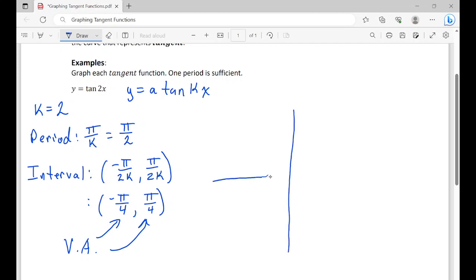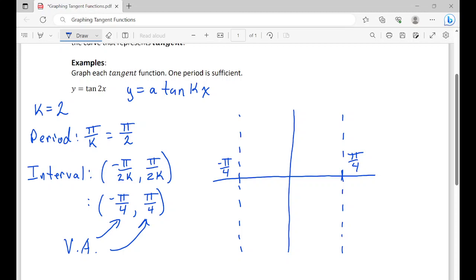So I'm going to graph my function now, and I'm going to say that this here is negative pi over 4. So this is one vertical asymptote. And then right here is my other vertical asymptote, pi over 4. And like I said, where it crosses the x-axis is right in the middle between the two. Now this has no vertical shift, so it makes it easier.